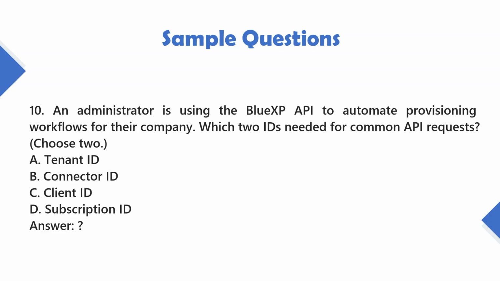An administrator is using the BlueXP API to automate provisioning workflows for their company. Which two IDs are needed for common API requests? Choose 2. A. Tenant ID. B. Connector ID. C. Client ID. D. Subscription ID.